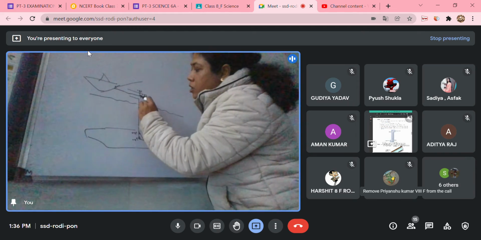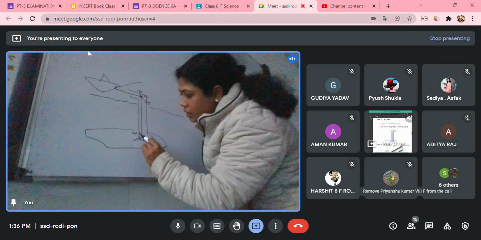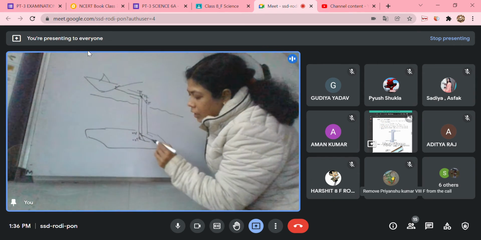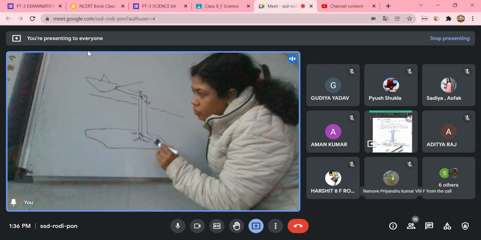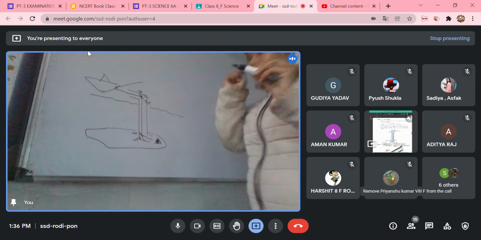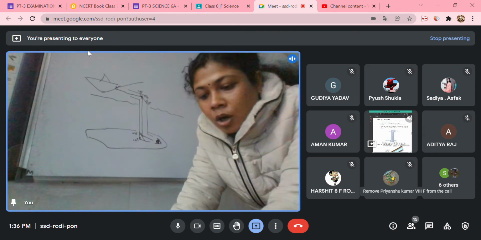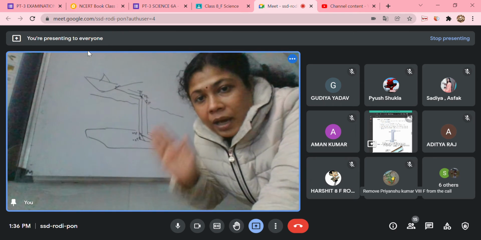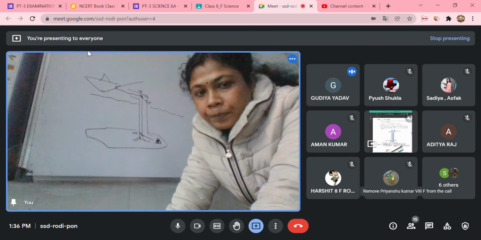From the first mirror, the reflected ray falls on the second mirror, and from the second mirror it reflects again, and if we are there to observe, we are able to see the boat from here. So what is it? A periscope is a device which helps us to see the image of an object that is not actually seen by us at that particular position. Am I clear? Yes, ma'am.